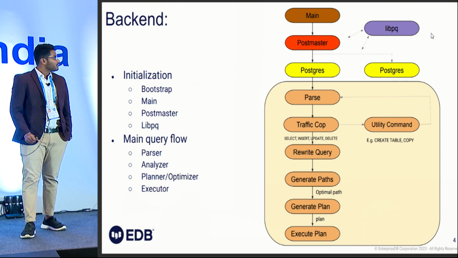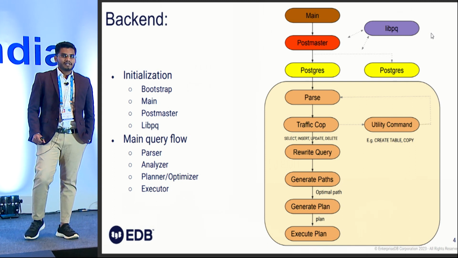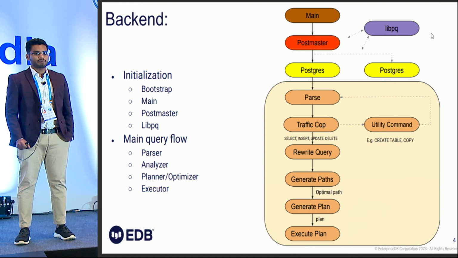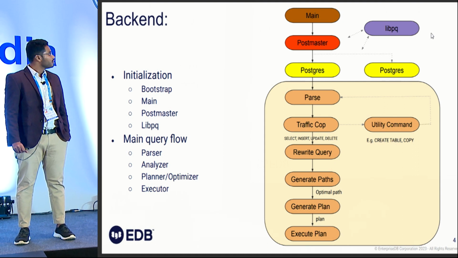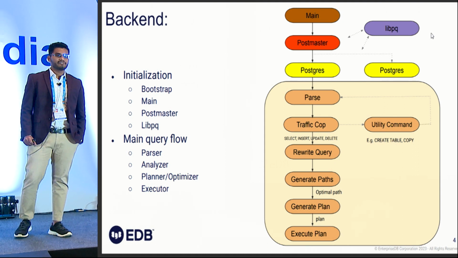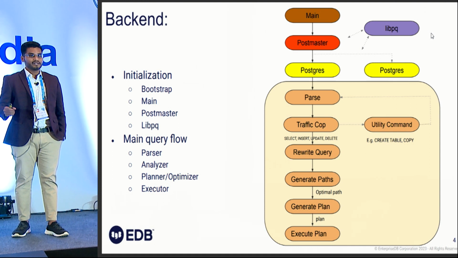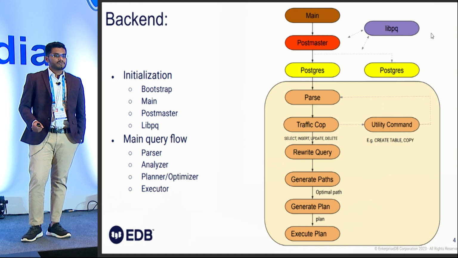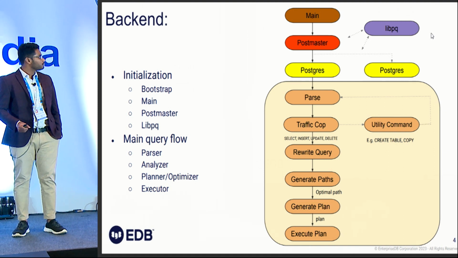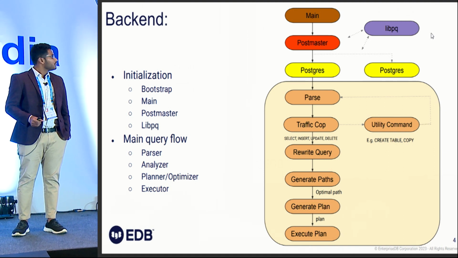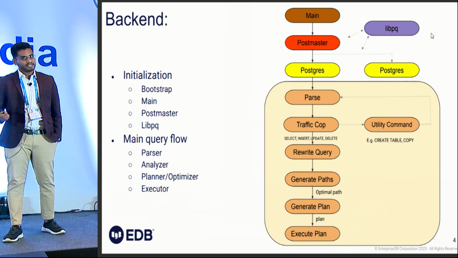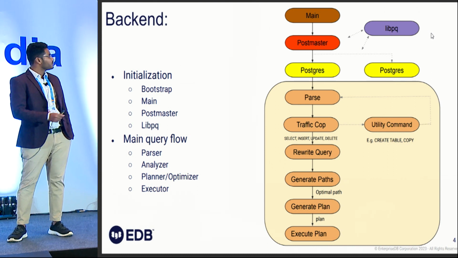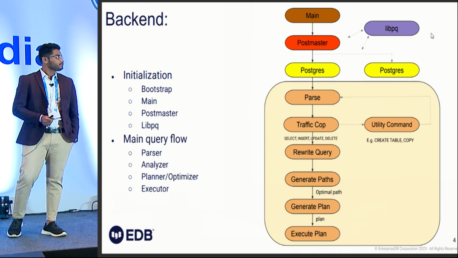Like every program has its main function, Postgres also has a main function. That function is located in the file src/backend/main/main.c. Most of the server processes, like postmaster main, Postgres main, and all other auxiliary processes, start execution from the main function. Okay.